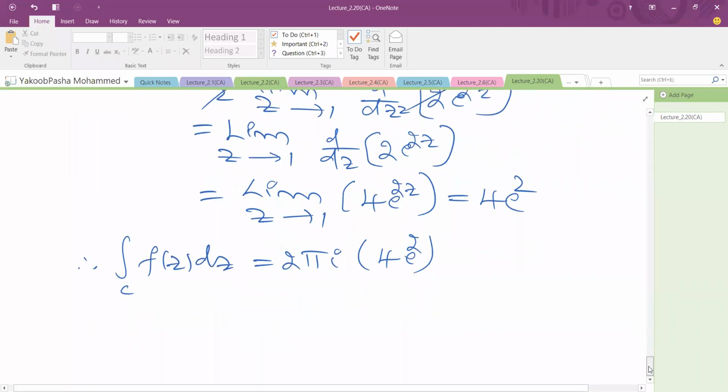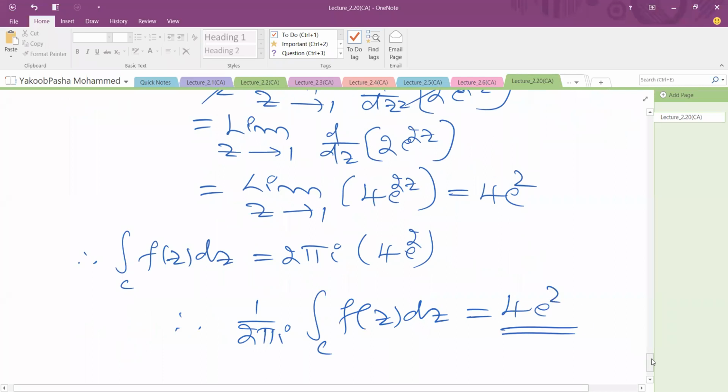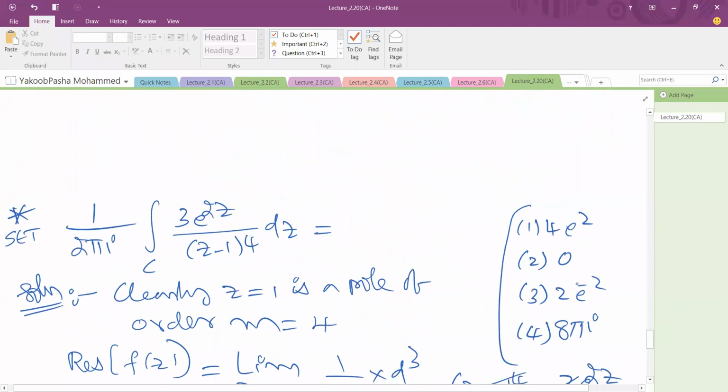So we have to write the integral 1 by 2 pi integral over c f of z dz is equal to 4 into e square. This is right. So the first option is the right option, and the fourth option is 8 pi i by 3 e square. Okay. Now I'm taking another problem.